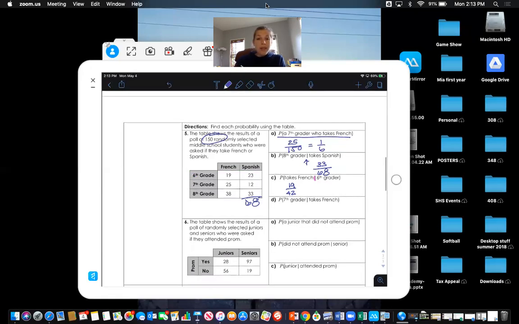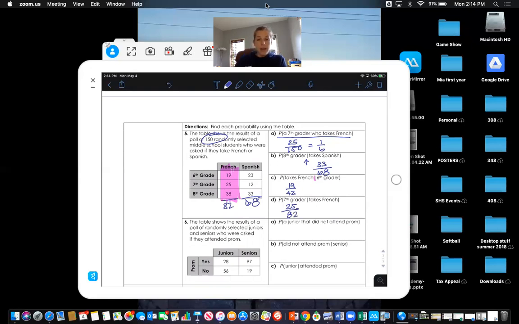What's the probability that they are a seventh grader given they take French? Again, given limits your sample space. Therefore, we are only allowed to look at the French students. How many are seventh graders? 25. And when I added up all of those French students, that was 82.